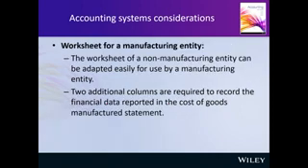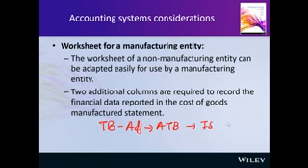Okay. So the worksheet for a non-manufacturing entity can be easily adapted for a manufacturing entity. Two additional columns are required to record the financial data in the cost of manufacturing. Last time we used a 10 column worksheet, still remember? We have the trial balance, then the adjustment, then the adjusted trial balance, then the income statement and balance sheet.